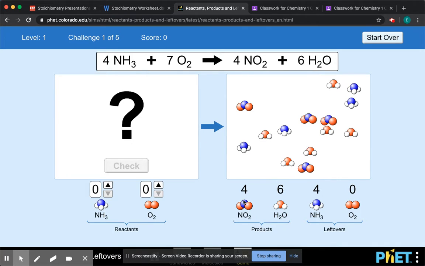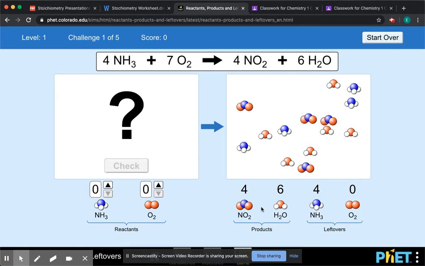So let's look at what we're given. So there's products and there's a leftover. If you look at the products, it said we make four NO2s and we make six waters. Look at the recipe. This recipe already makes four NO2s and six waters. So all you have to do is follow the recipe.